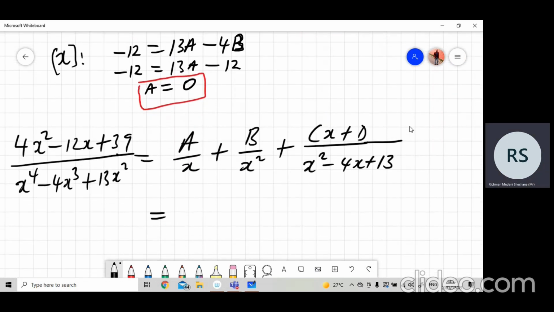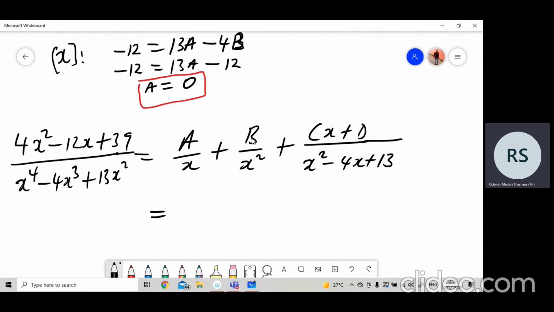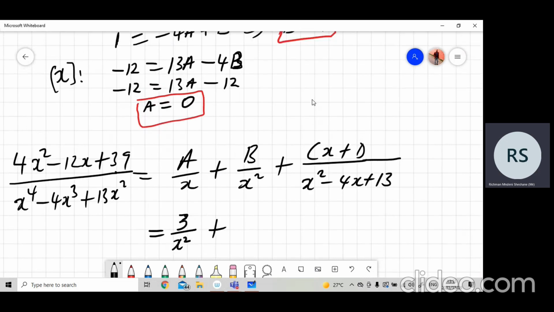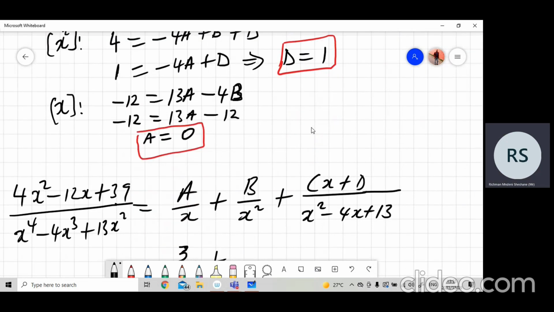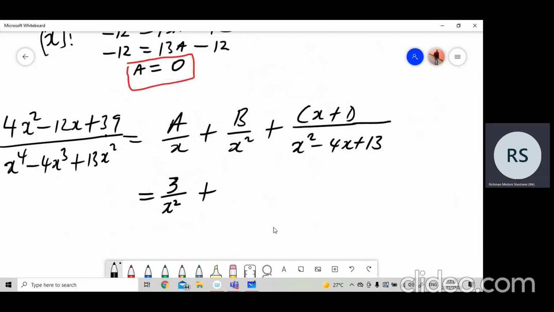So the first term here should be 0, and b is 3, so we have 3 over x squared. Plus, go to the third term, c and d. What are the values of c and d? You see c equal to 0 and d equal to 1. C equal to 0 will make this 0, and d equal to 1, so you're going to have 1 over x squared minus 4x plus 13.